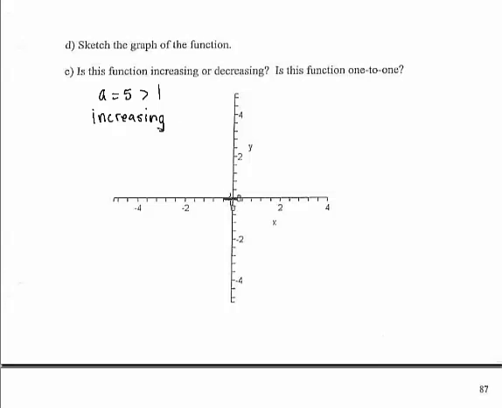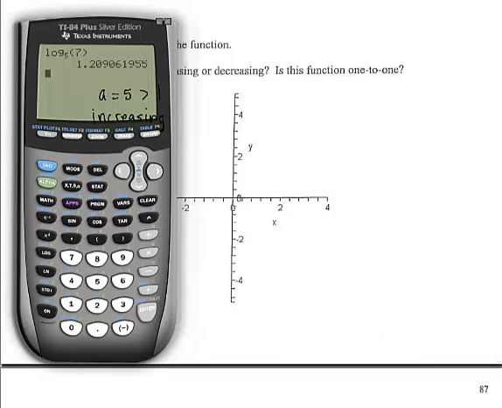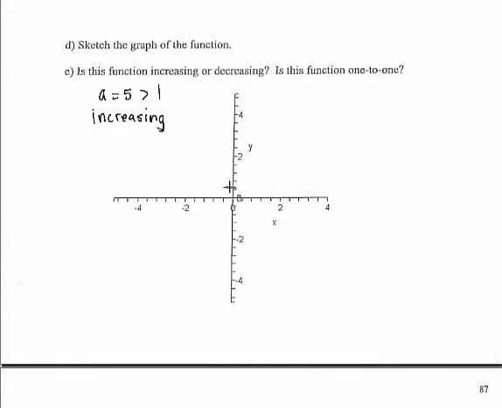Okay, so from above we were told that the y-intercept was 1.2. So we go up 1 and then a little past 1 for 1.2. The x-intercept was negative 2.